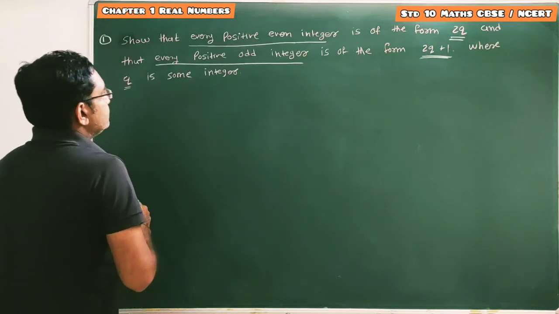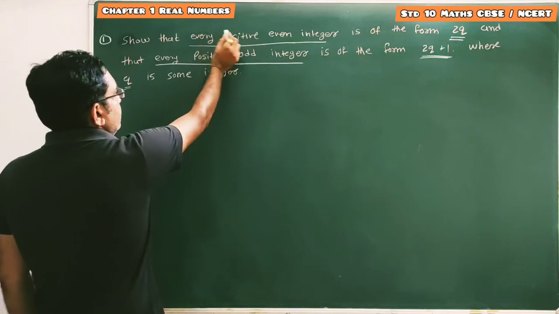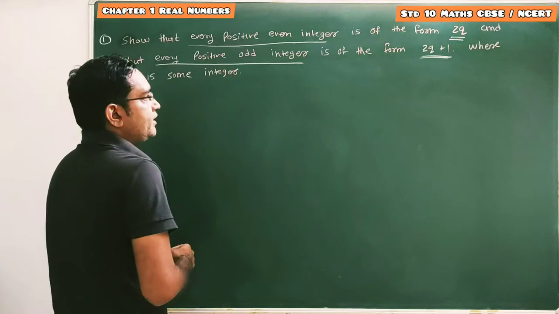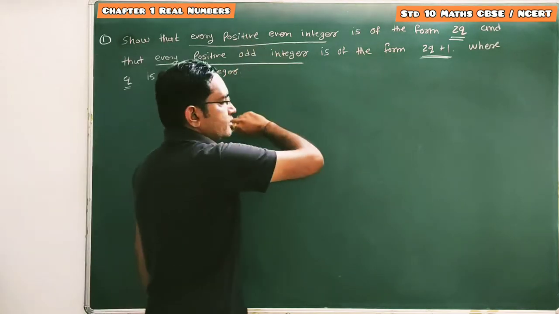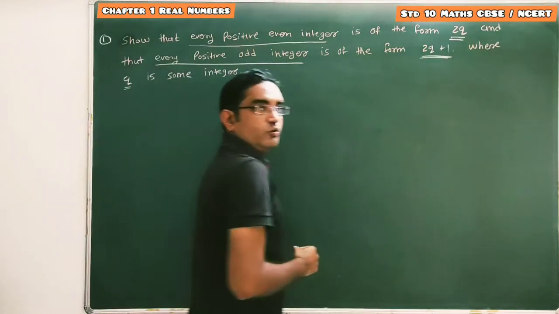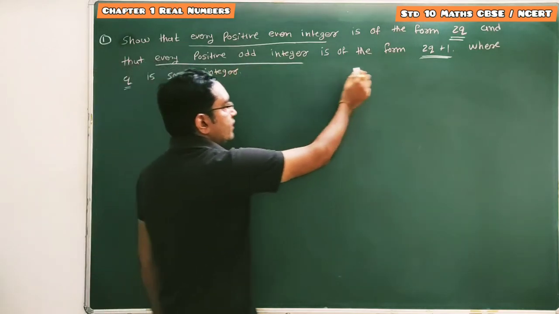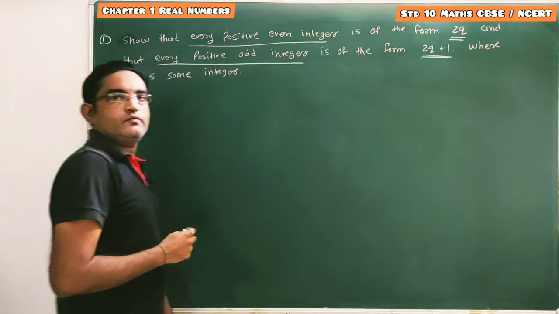So here we have to consider positive even integer as well as positive odd integer. Positive even integer is always in the form of 2q, whereas positive odd integer is always in the form of 2q plus 1.